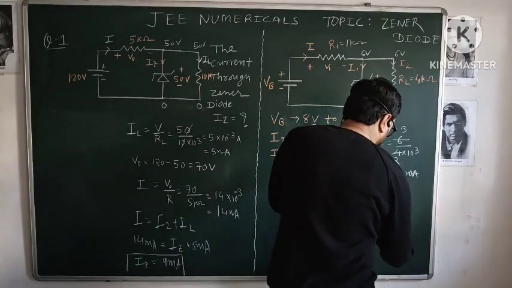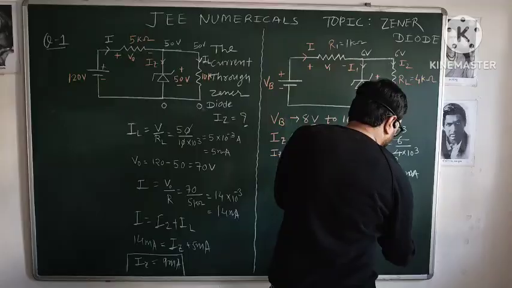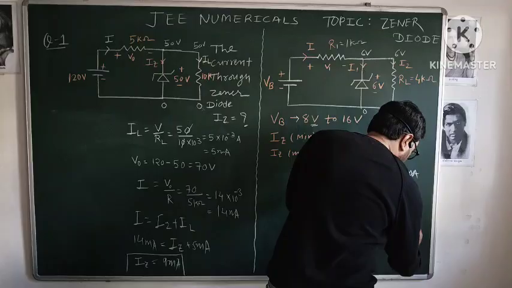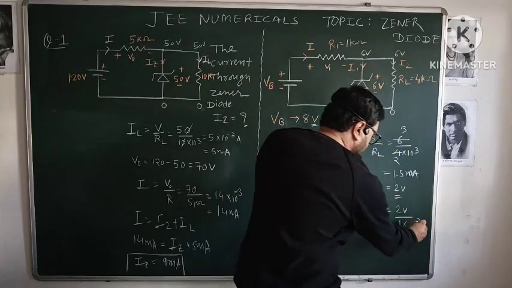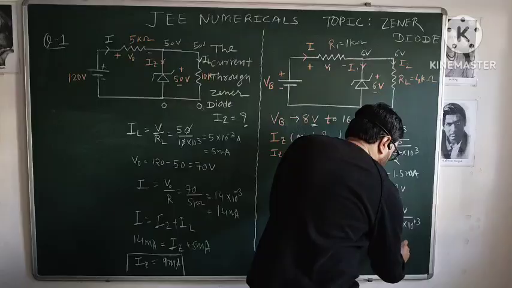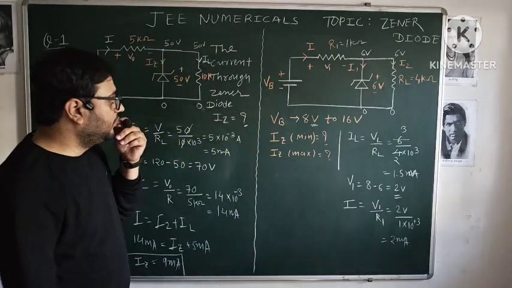V1 is 2 volt and R1 is 1 kilo ohm. The 10 power 3 goes to the denominator side, so the answer is 2 milliampere.